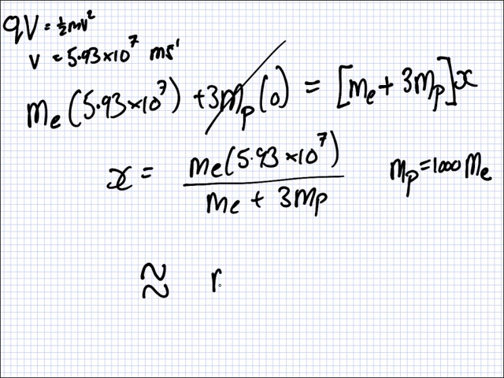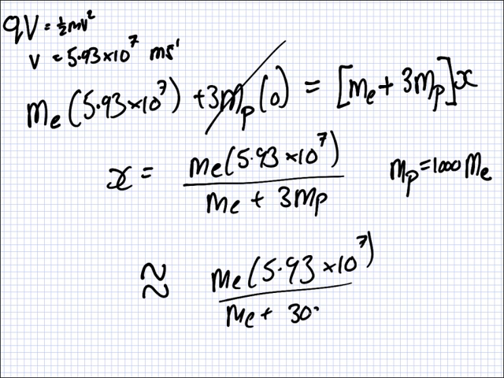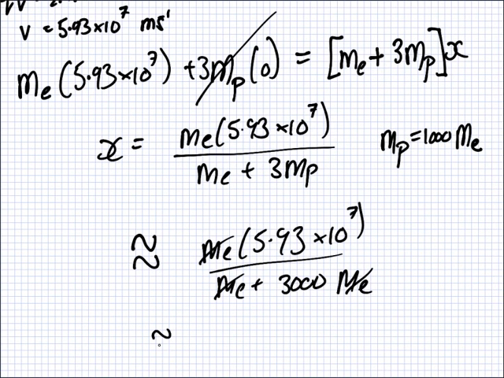So what I can do is replace this with the mass of the electron plus 3,000 times the mass of the electron. Now the reason I want to do that is because I can cancel all of these. So I'm just left with roughly 3001, which is about 3000 still. 5.93 over 3001 times 10 to the 7.